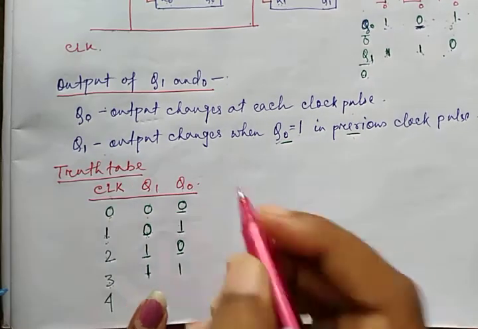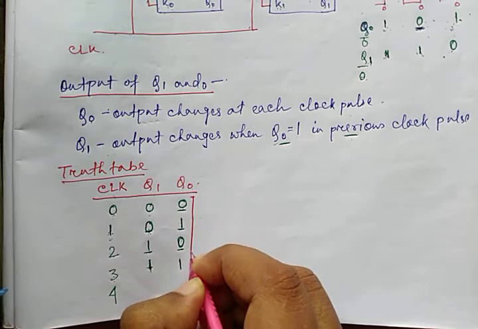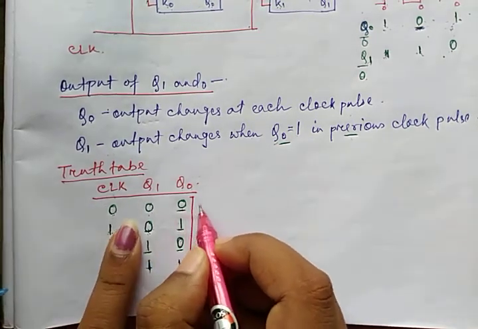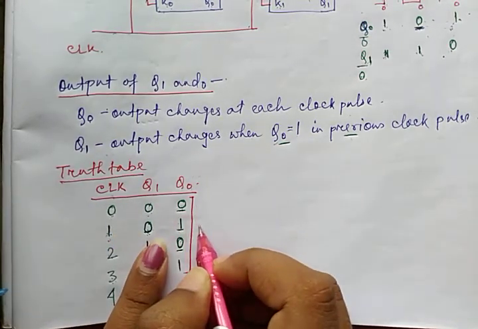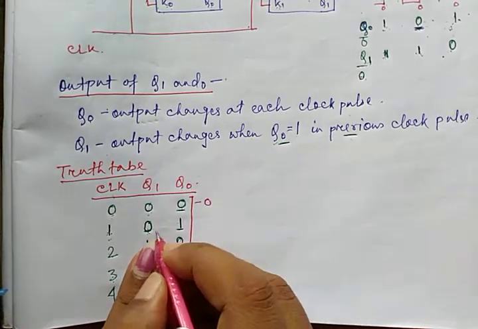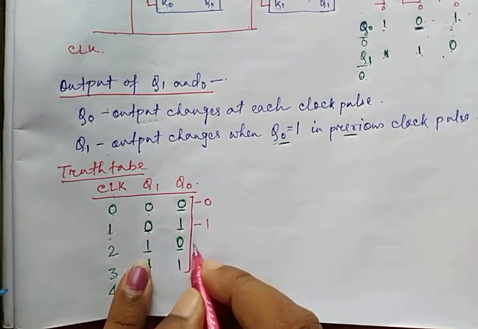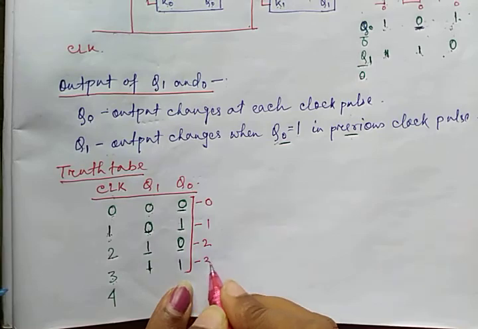Okay, so these 4 states are: 0 0 means the first state, 0 1 means the second one, 1 0 means 2, 1 1 means 3.